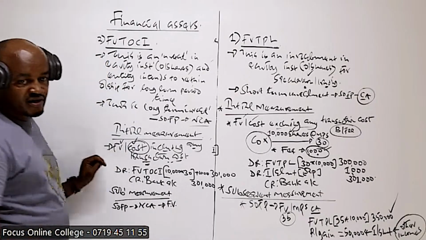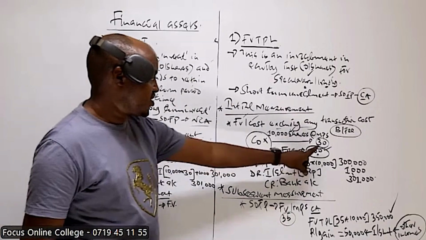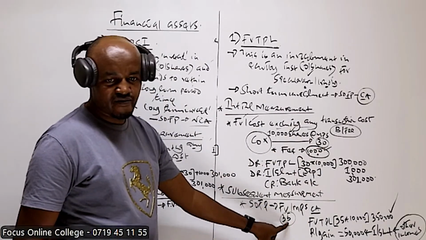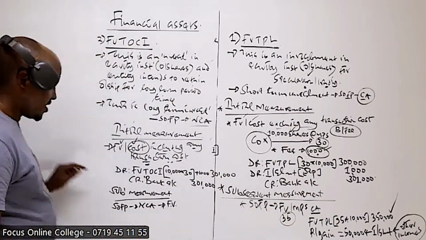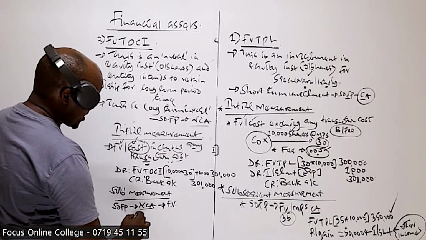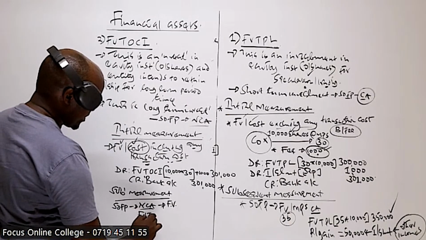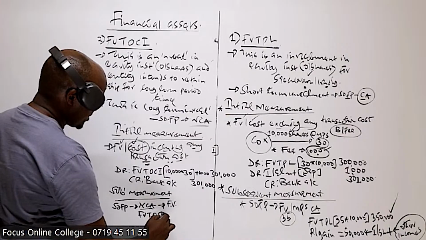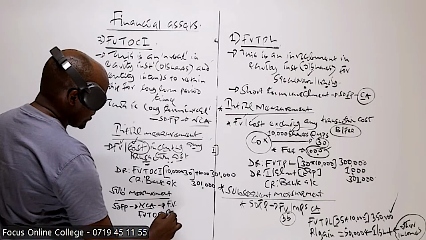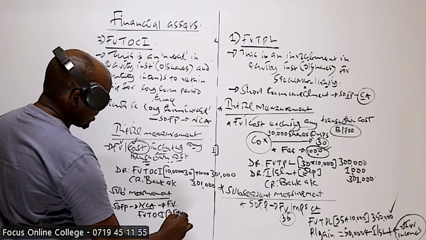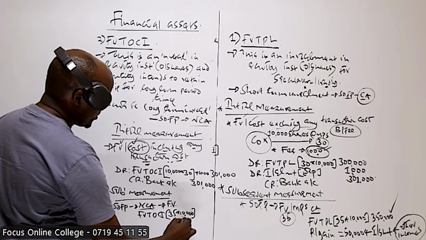Assuming, for example, that at the end of the year these shares have a market price of 35, they will be recorded under the non-current assets as financial asset at fair value through other comprehensive income at the value of 35 times the 10,000 shares bought.